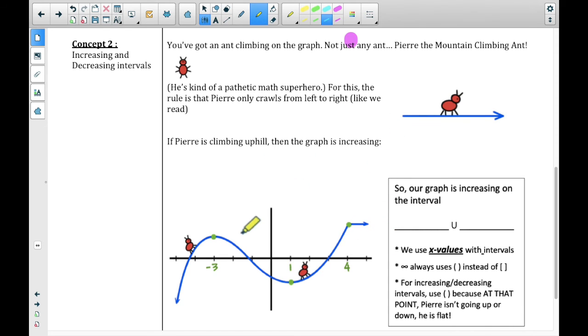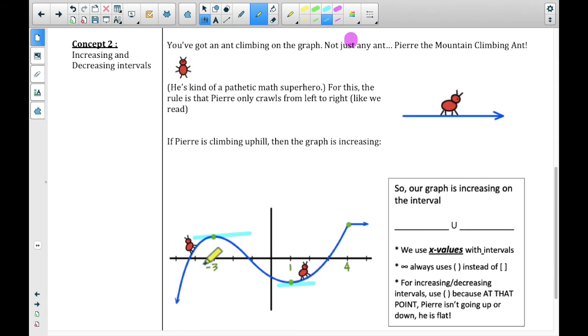What they describe, and I would agree, is that when Pierre is right here on the very top, isn't Pierre going to be flat? Same thing down here. When Pierre is right there, isn't Pierre going to be flat? And so that is important to note because it's going to determine whether we use square brackets or regular parentheses.